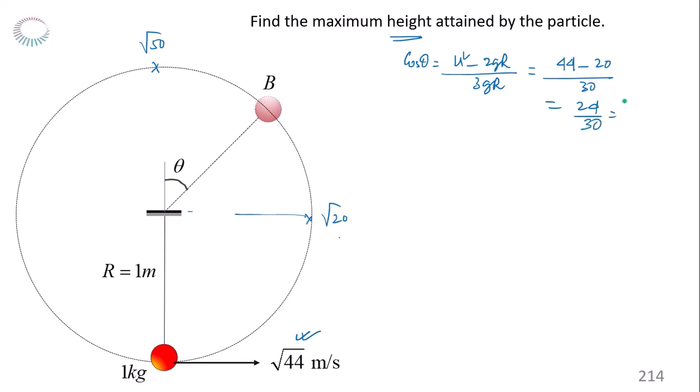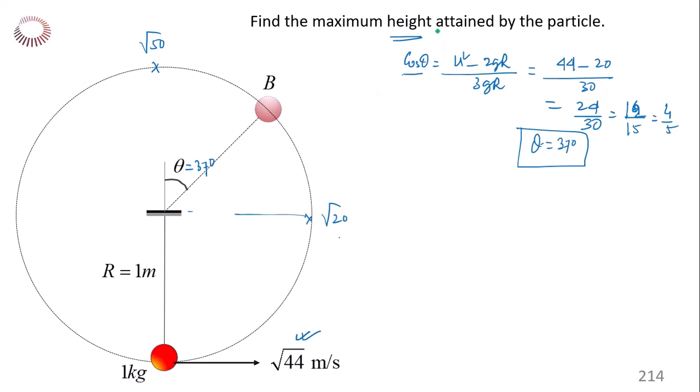So 24 by 30 means 12 by 15, and dividing by 3, 4 by 5. So cos theta becomes 4 by 5. That means theta is 37 degrees. So the particle will reach a point where the vertical angle theta is 37 degrees.